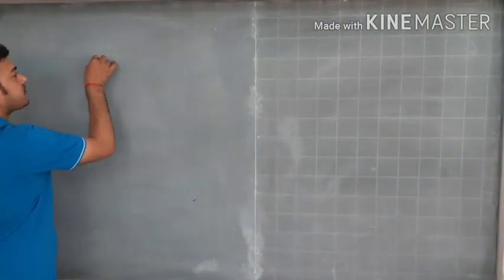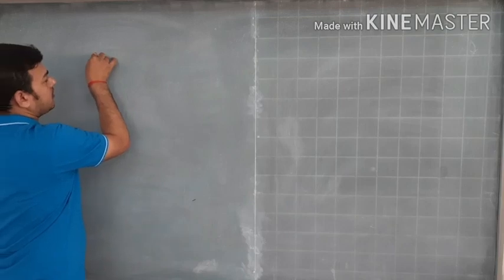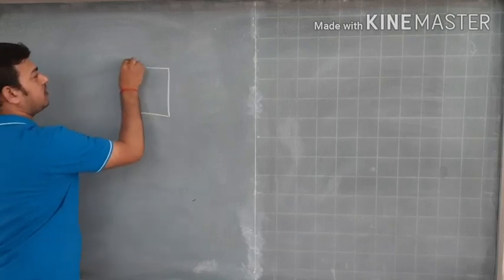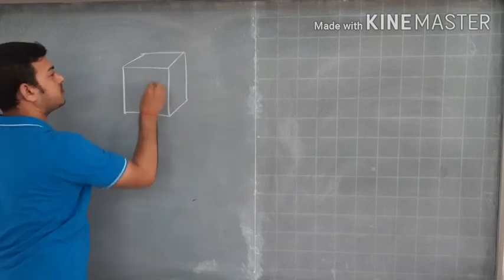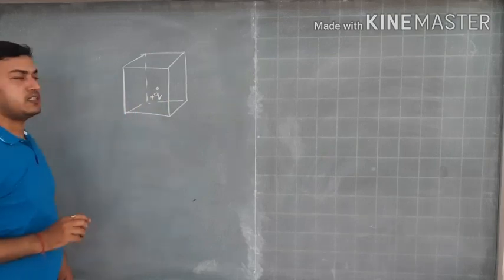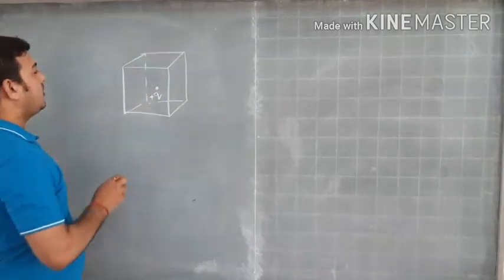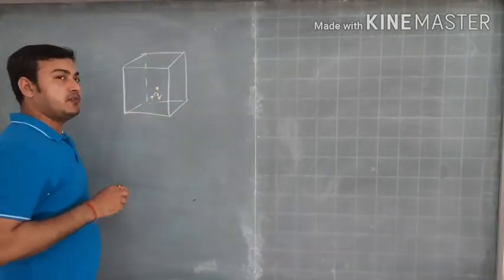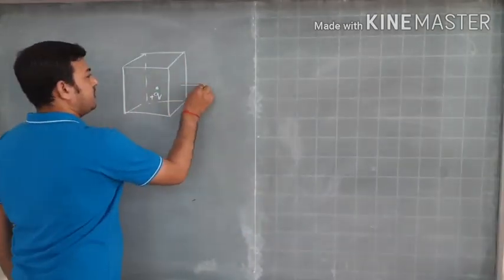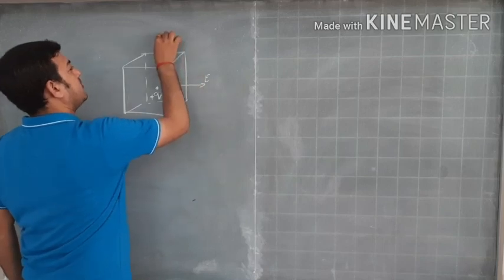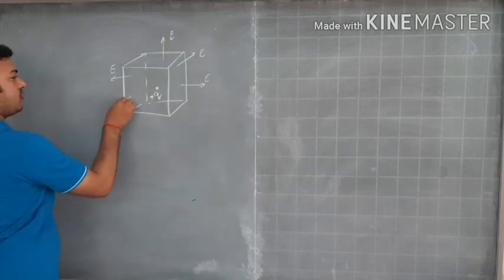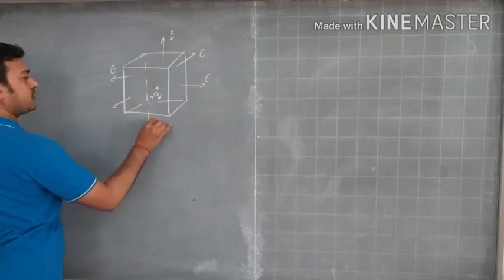Like, if I am having a cubical box and there is a positive charge inside this box. As we know, for a positive charge, the electric field is away from the charge, and if I represent the electric field with the help of electric field vectors, the direction will be like this.